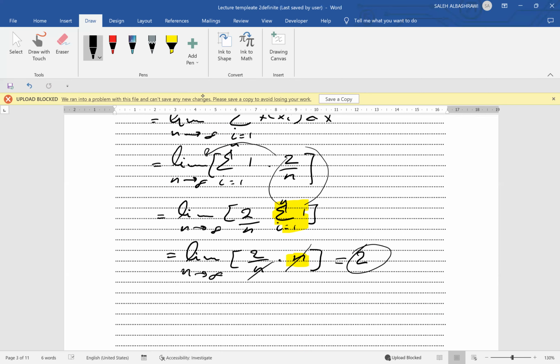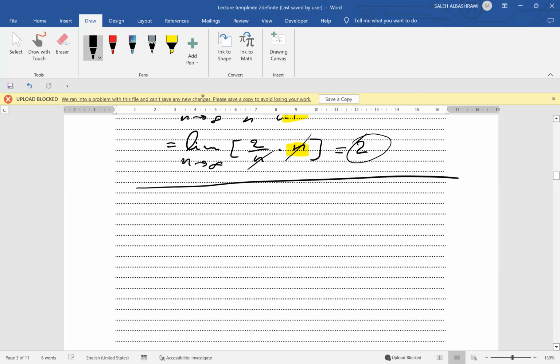Let's have another example. Example number 2. For that, we need to find the integral from 0 to 1 of x dx. As we did, we'll find delta x first. So delta x is equal to (1 minus 0) over n, that will be 1 over n. And we know that xi is equal to a plus i delta x.